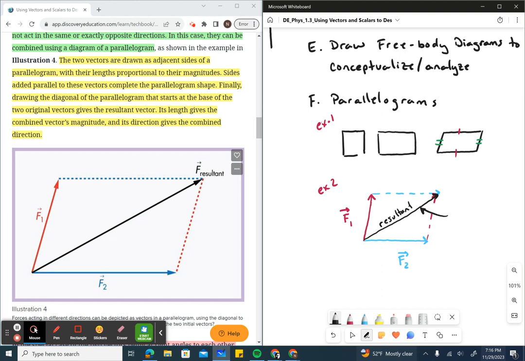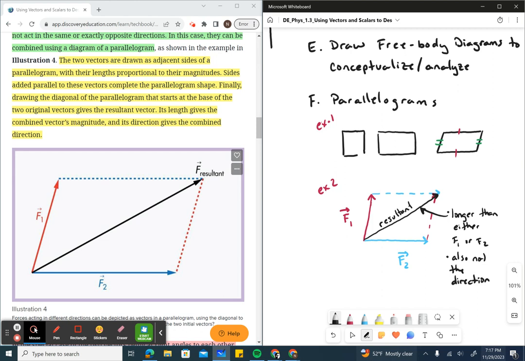Notice that it's longer than either F1 or F2. Also, note the direction.